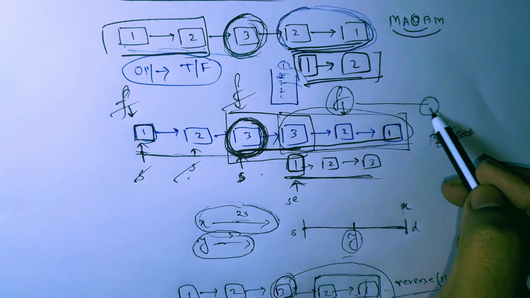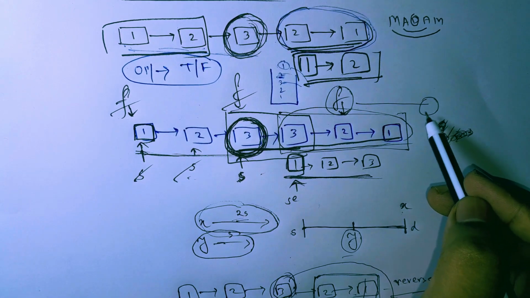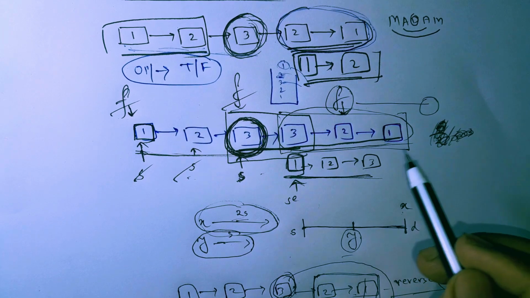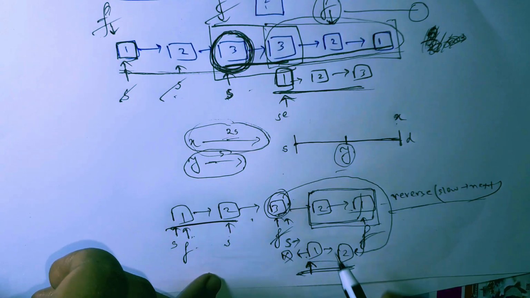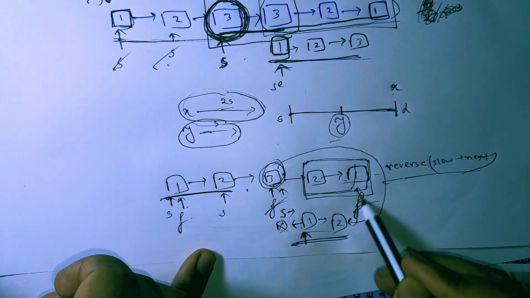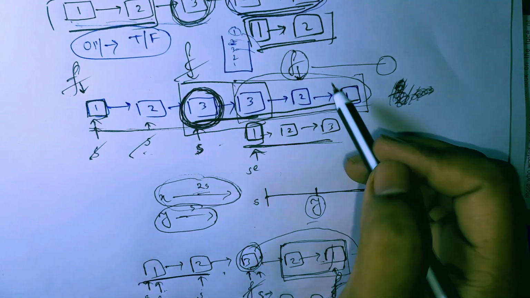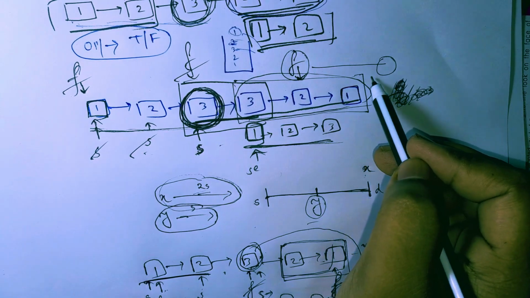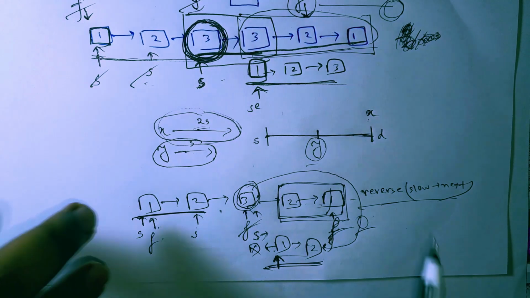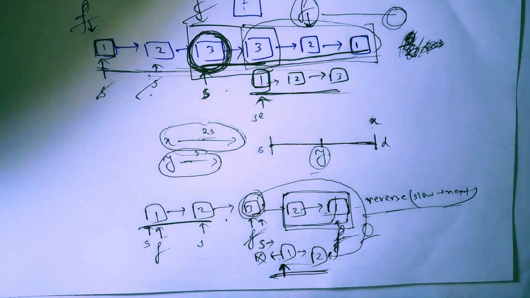And see here, if the fast pointer moves further, then it will go out of bound. So I will check whether fast next is a null pointer, or fast next next is a null pointer or not.